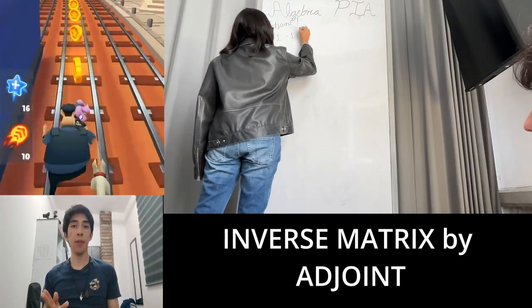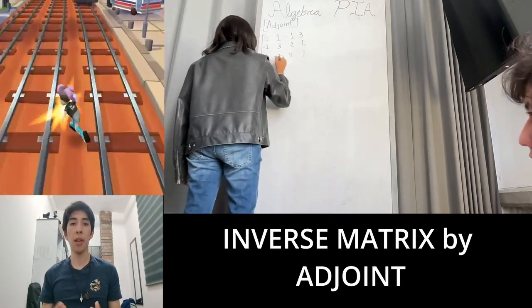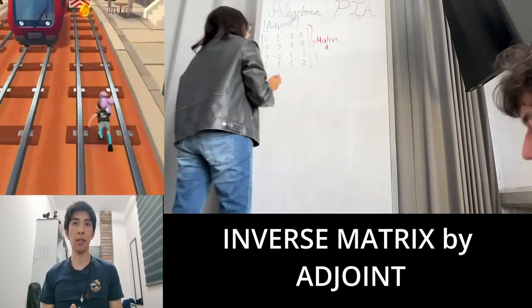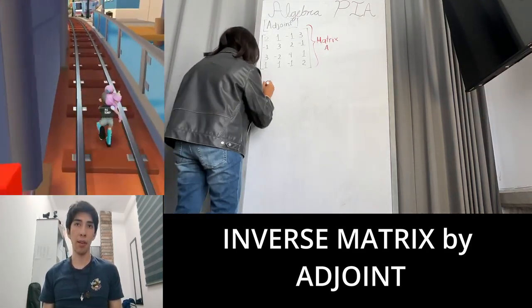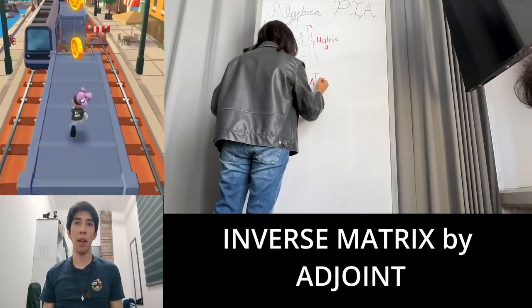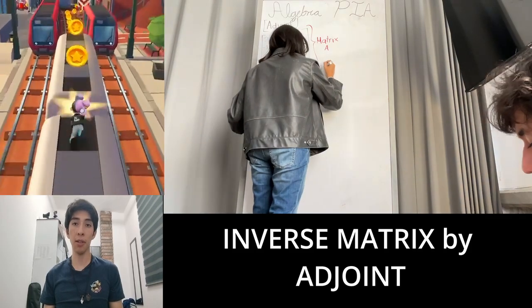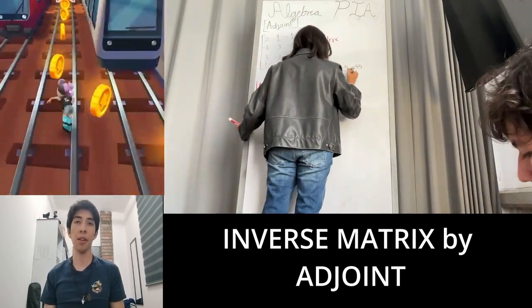Another way to find the inverse matrix is by using the adjoint method. This method consists of using this formula: multiply the inverse of the determinant times the adjoint matrix. The adjoint matrix is calculated by first finding the transpose of the principal matrix, that is A in this case.